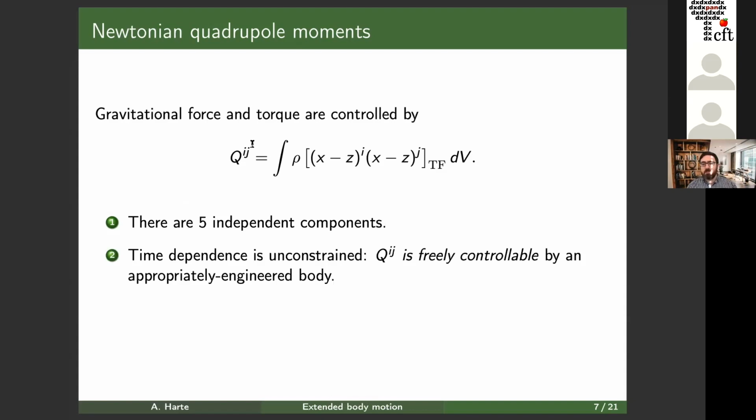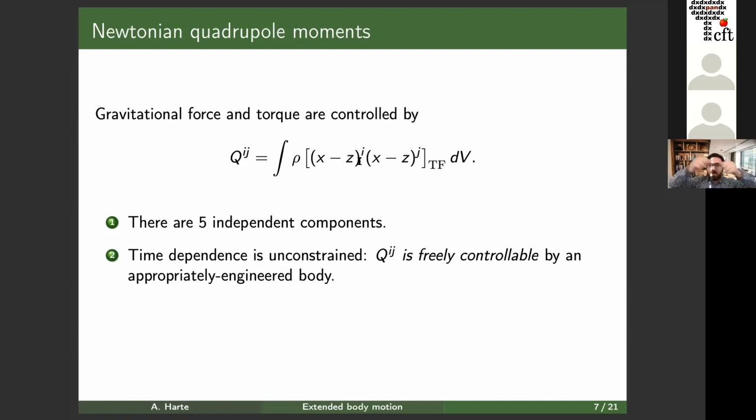One thing that is quite crucial for the rest of this talk is that the time dependence of this quadrupole moment is not constrained by any universal laws of physics. So if you have some microscopic description of your object, say it's some self-gravitating fluid ball, you could write down initial data for your fluid equations and evolve it, and you could compute what Q is as a function of time. But if you take some completely different sort of object, it can have a completely different time evolution.